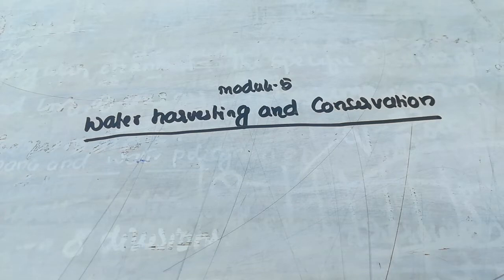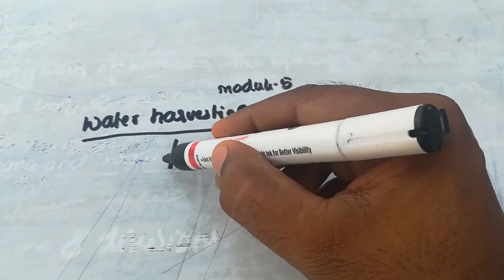What do you mean by water harvesting and conservation? Water harvesting means rainwater. It is how we can store water and utilize it for future need. That is called water harvesting.